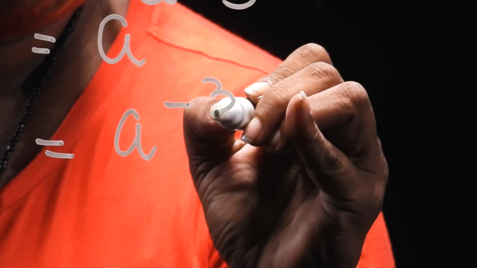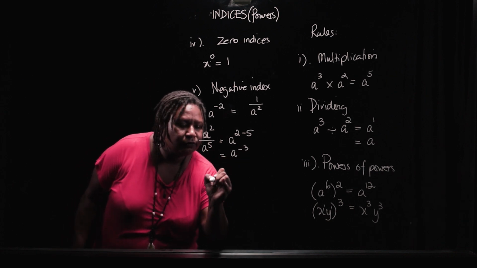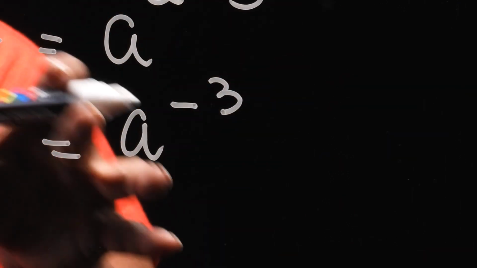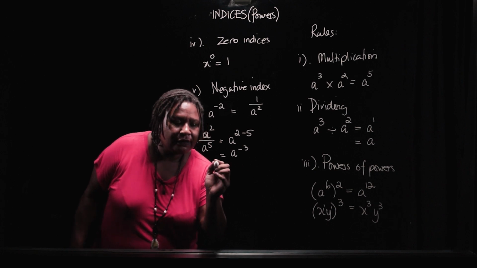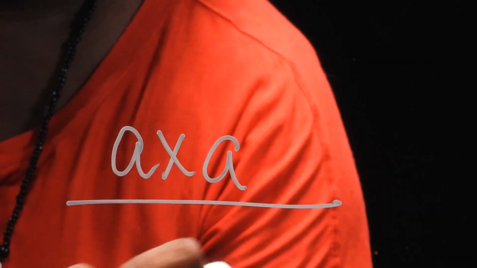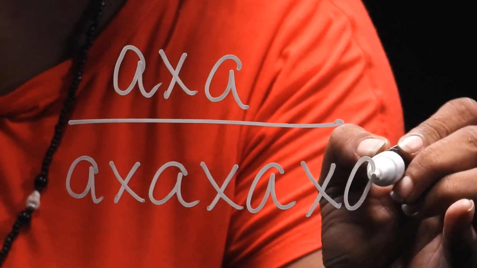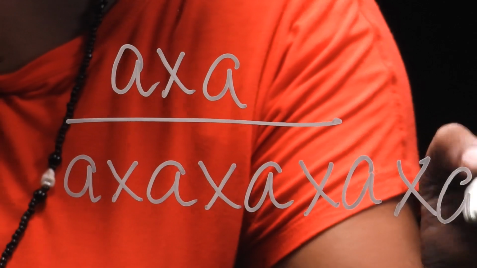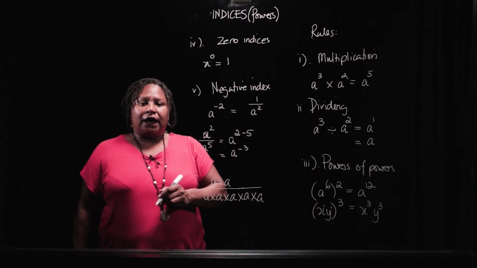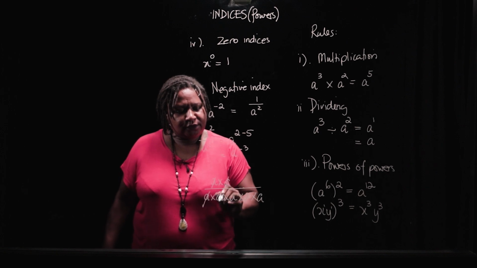So a to the power of 2 minus 5 will give me an answer of a to the power of negative 3. If I use expansion, the long way around, the same problem gives a different-looking answer. A times a, divided by a multiplied by itself 5 times. I cancel out: a into a is 1, a into a is 1.